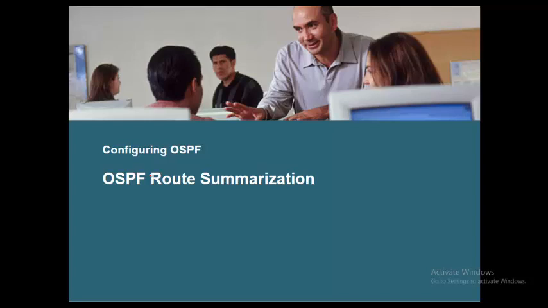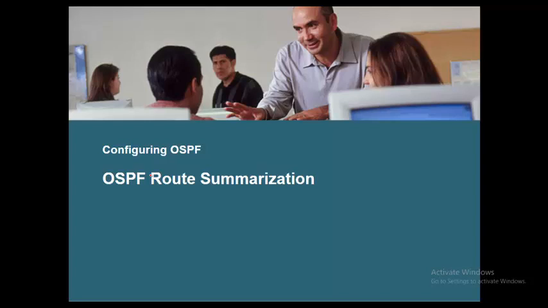Borders. Between two areas, you have ABR. That's the best place. Between two autonomous systems, you have ASBR. That is the best place. So you have support for both ABR summarization and ASBR summarization.